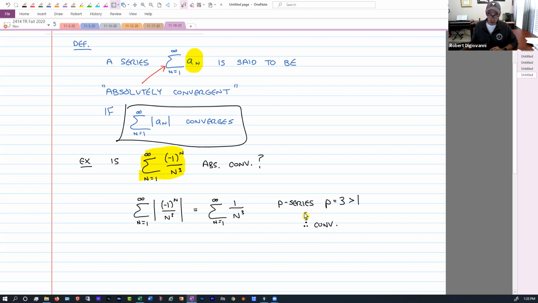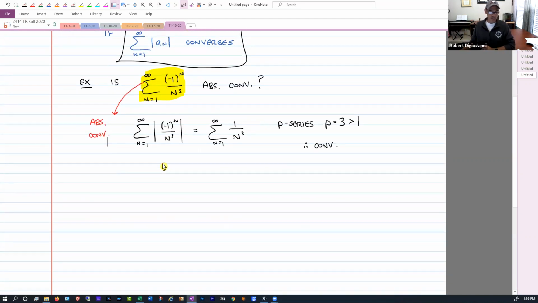If this is convergent, then we will call this one absolutely convergent. And all it means is that when you take the absolute value of this series, it converges. Does this mean that the series in yellow is convergent? No, it just means that it's absolutely convergent.